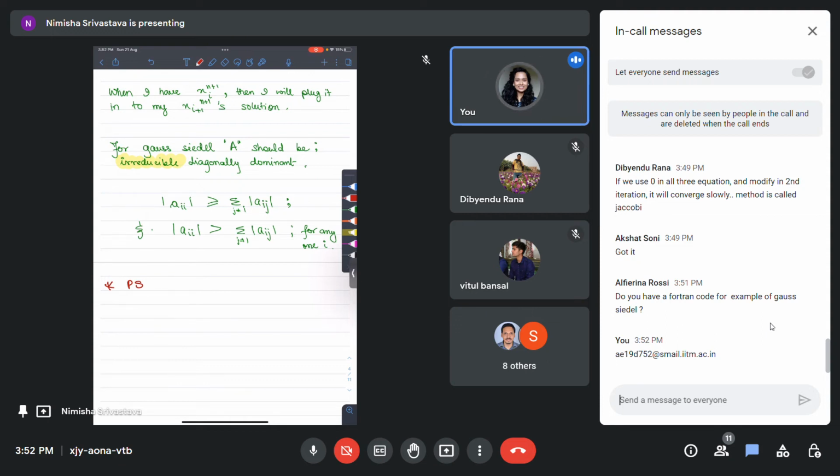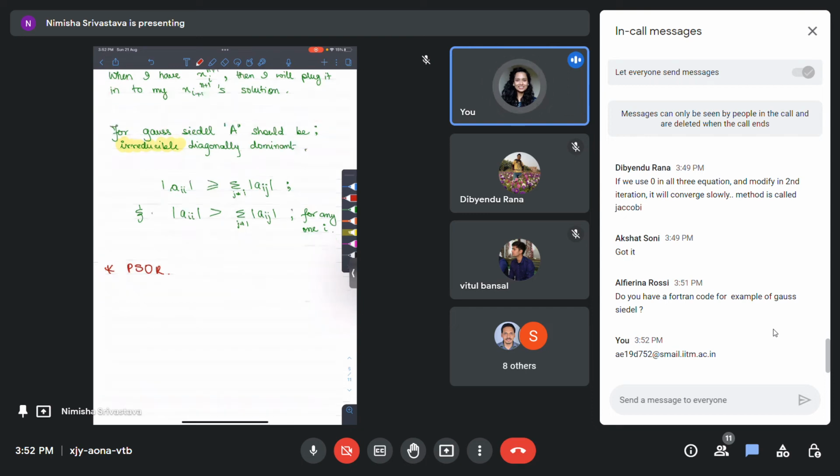I don't have a simplified Fortran code for Gauss-Seidel, but I have a simplified MATLAB code for Gauss-Seidel. So if you're comfortable with MATLAB, you can do that. Otherwise, we can discuss it. You can just write me a mail. We can develop a code. It's going to be fairly simple.